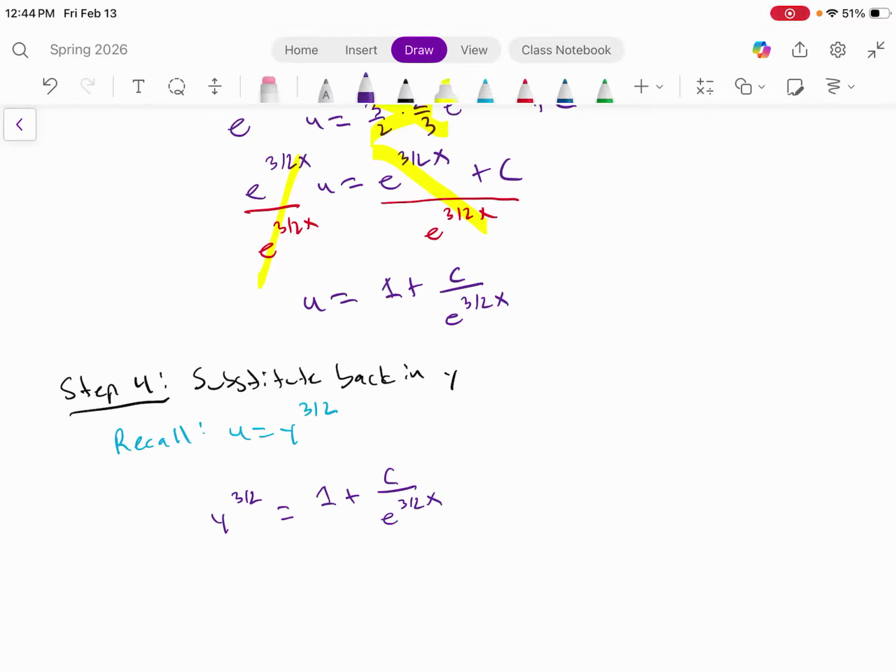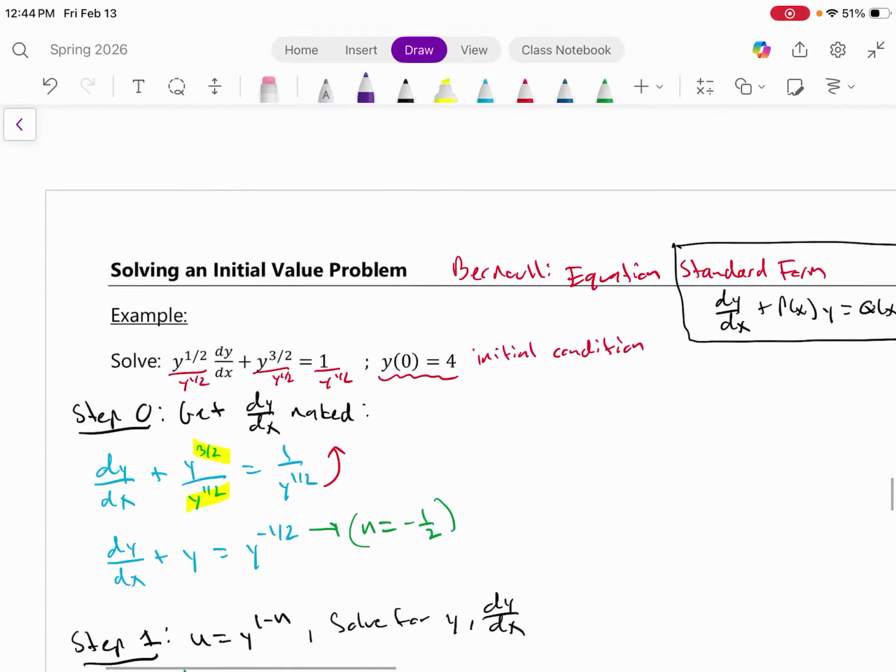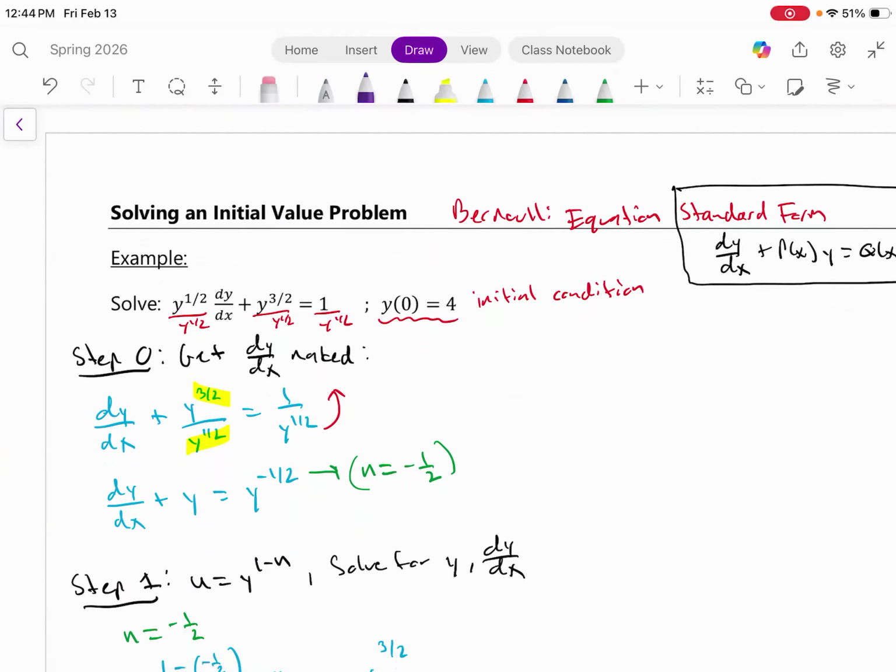So before we even solve for y, let's go ahead and use our initial condition from the very beginning of the problem, y of 0 equals 4.